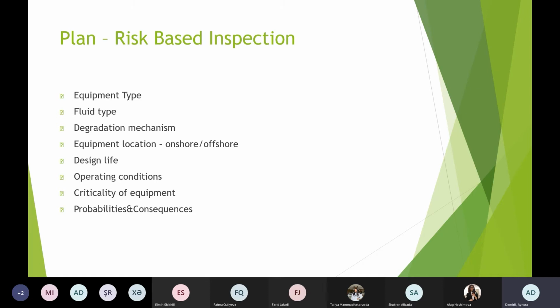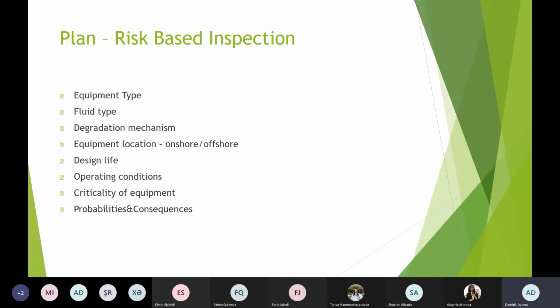We are owning this document, but again we are following it. To assign any inspection type for equipment, we need to know what the equipment type is, what the fluid type inside the equipment is, and what the degradation mechanisms are.